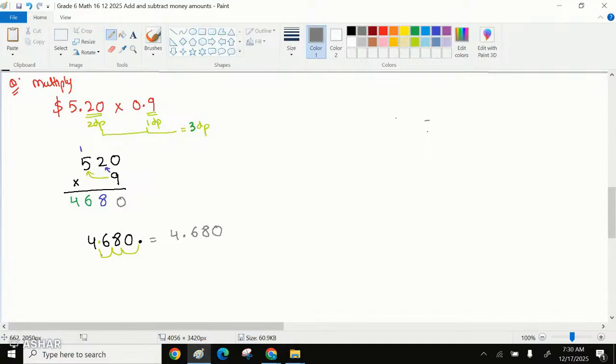And since we are talking about currency, money, we give it to two decimals. So this 0 does not make any difference to the number, and we write this as dollars 4.68. Okay.